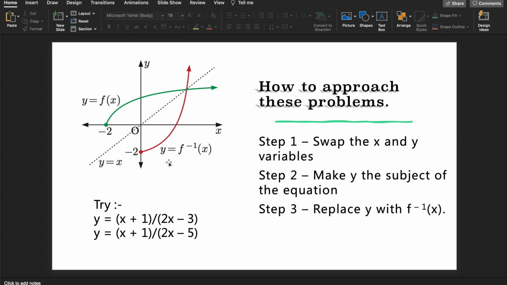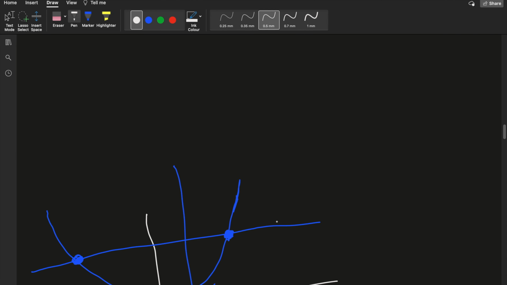Okay, so this is the graph that I showed you. In the book, they haven't really mentioned how to solve these problems, but I've encountered this type of problem maybe every 2 papers. So I'll just explain it. Step 1, you have to swap x and y and make y the subject of the equation, and then replace y with f inverse of x. First I'll show a very simple example.